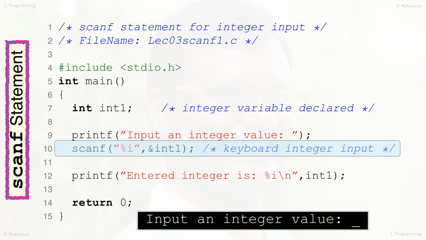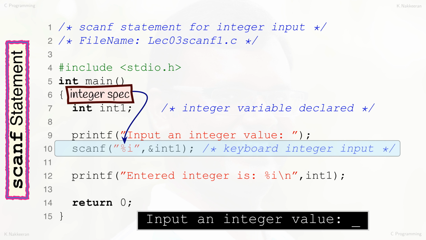In line 10, scanf statement, which is a formatted scan instruction that will receive value from the keyboard, as per the specification provided within the parenthesis. There are 2 quantities within the parenthesis in the scanf statement, separated by a comma.